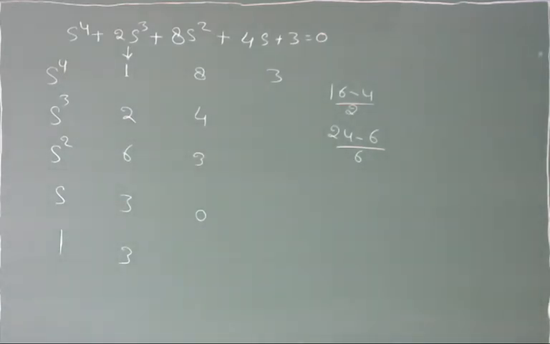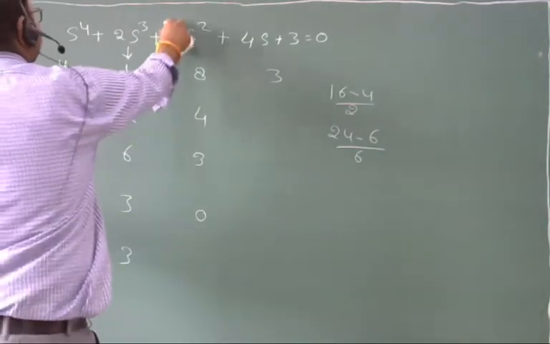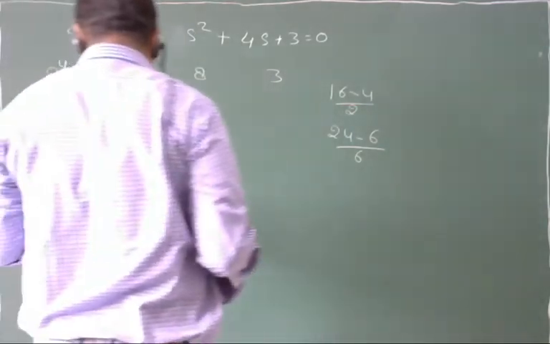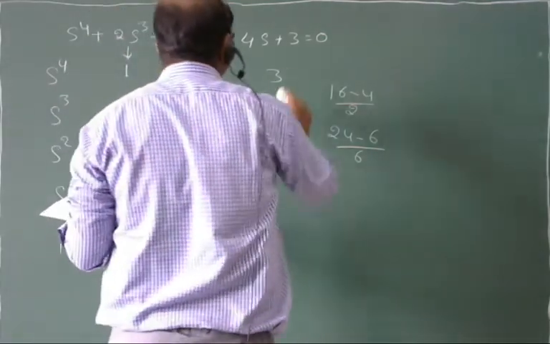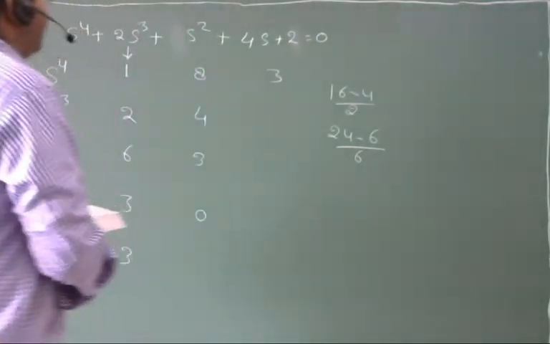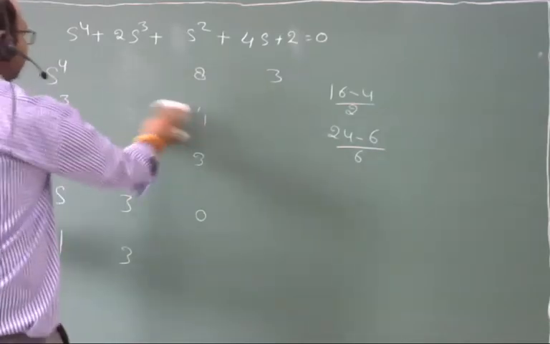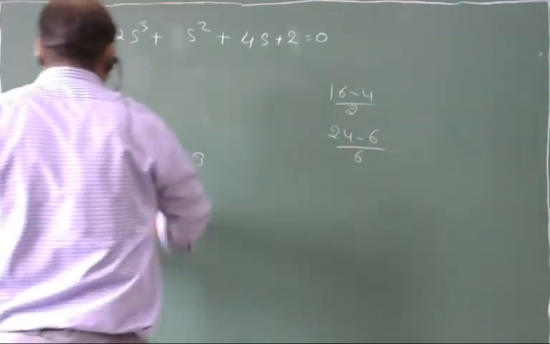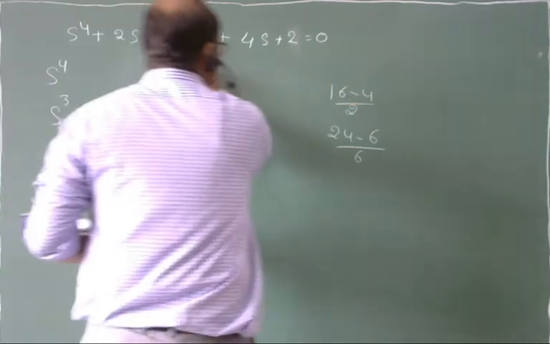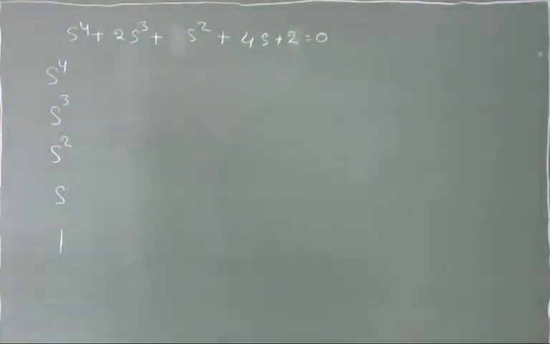Let's take another example. Another characteristic equation is like this. There is a slight change in the previous characteristic equation, and after these changes the Routh table will completely change.